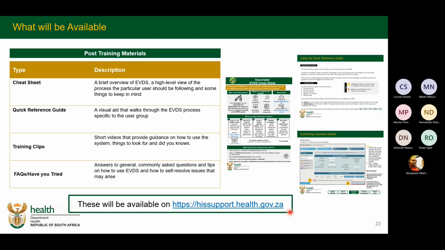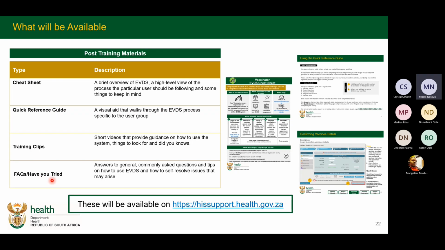Now, what are you going to find there? You will find some PDF documents, we call them the cheat sheets, and the quick reference guides, as well as some frequently asked questions. They come in the PDF format. You can download those.